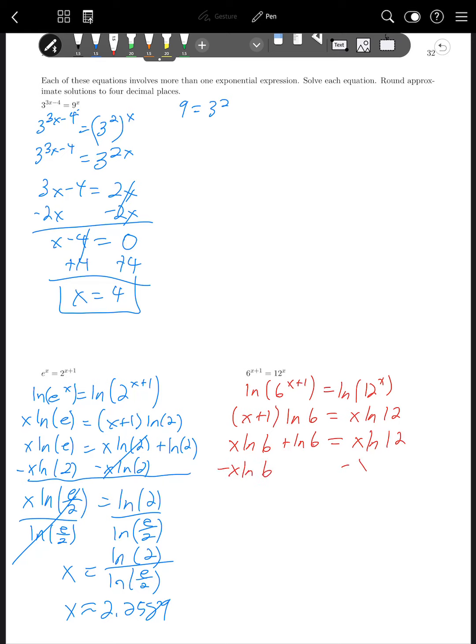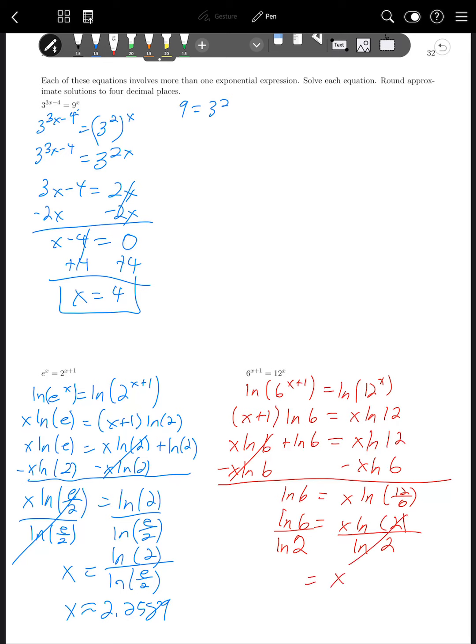So subtract x times the natural log of 6. So we get the natural log of 6 equals x times the natural log of 12 over 6, which we could simplify to the natural log of 6 equals x times the natural log of 2, and then divide both sides by the natural log of 2.